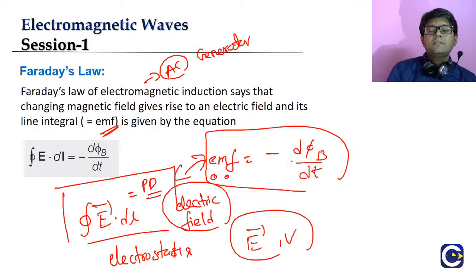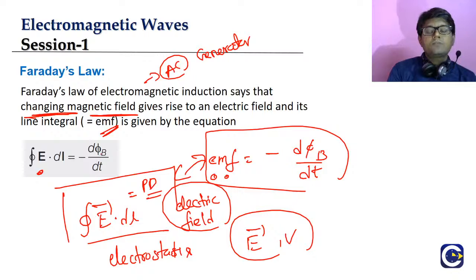So since EMF is equal to minus d phi B by dt, we will be able to see that the line integral of electric field will be related to the rate of change of magnetic flux. Here we are not going to focus on the numerical level of problems. The only thing we are trying to understand is the relation between a changing magnetic field and an electric field.